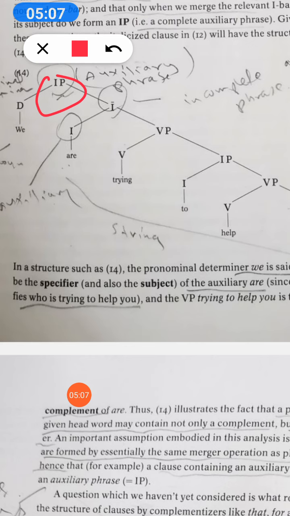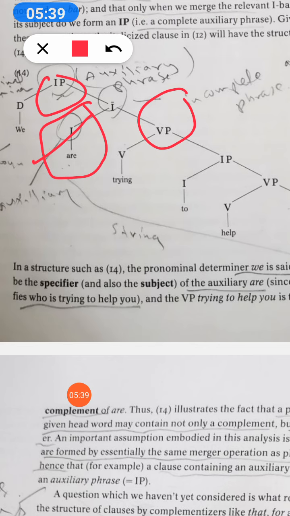That is why this approach is called the minimalist approach. Why? Because the same symbol here is used for two different phrases. This auxiliary phrase is the result of adding the auxiliary I, which refers to the auxiliary are, to the previous verb phrase trying to help you. It is still binary, consisting of two elements, the auxiliary I plus the verb phrase.